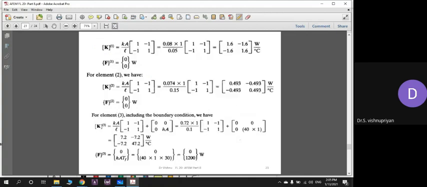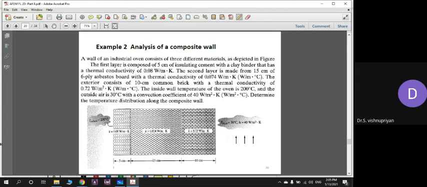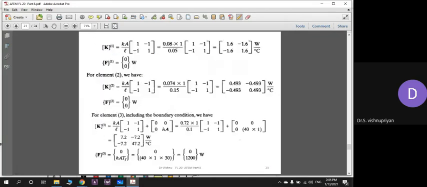In this problem, the cross-sectional area is not given, so we can assume it to be 1 meter square. So A is assumed to be 1 meter square and length is 5 centimeters, which is 0.05 meters. So you get this number for the first element.